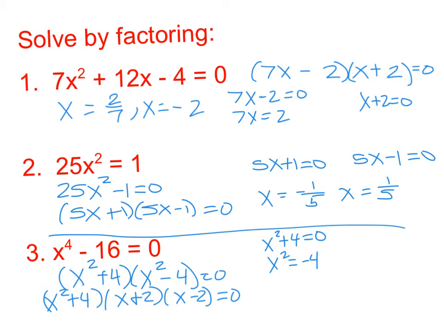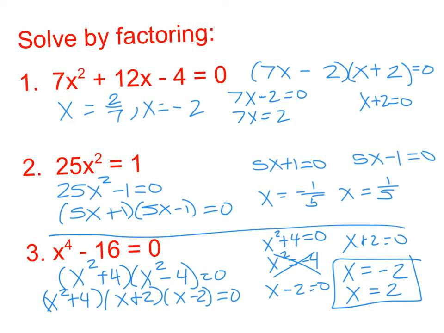Do you know a perfect square that goes to a negative number? No, there's no real solution there. And then the other ones, x plus 2 equals 0, x minus 2 equals 0. So we end up with just two answers, 2 and -2. And that's it.